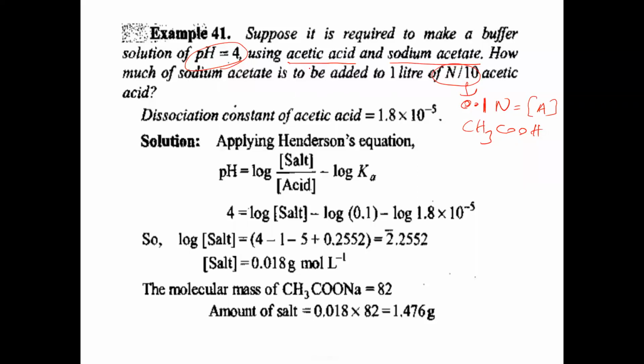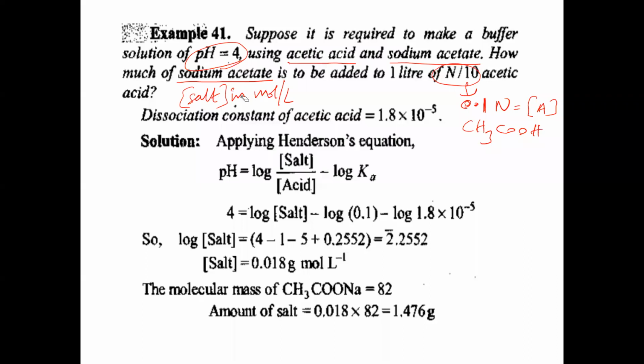Okay. Next, what they ask here, how much of sodium acetate? Sodium acetate salt concentration first we have to get. Salt concentration in moles per liter we have to get first. Then how much quantity they asked? How much quantity to be added means number of moles of salt into gram molecular weight of salt will be equal to how much quantity.